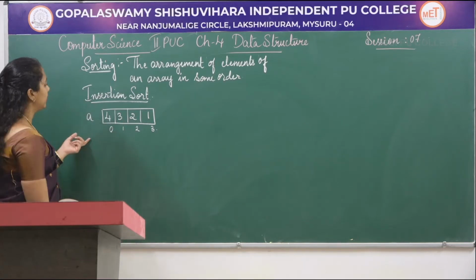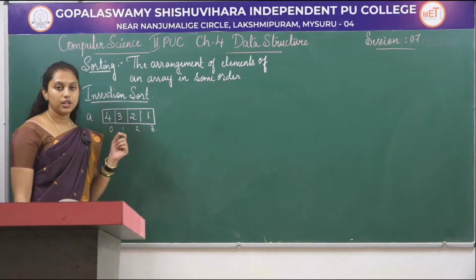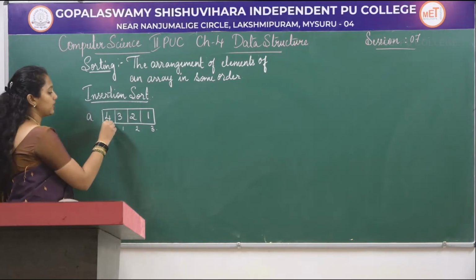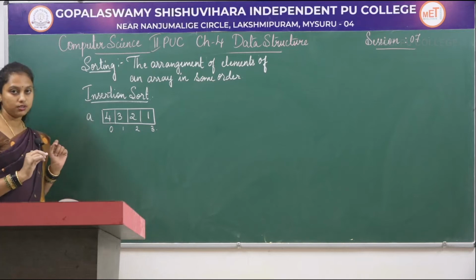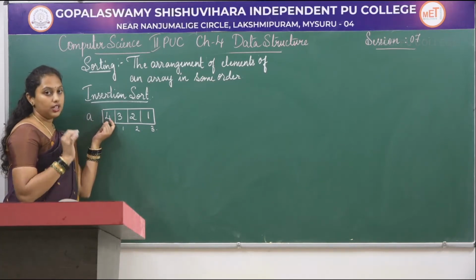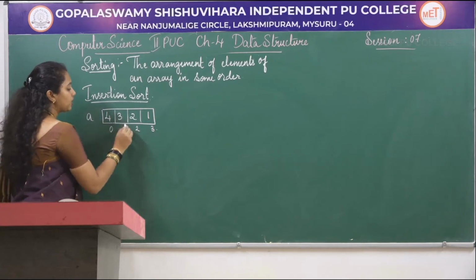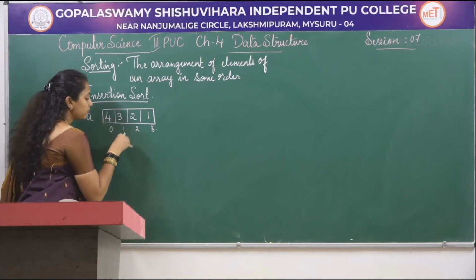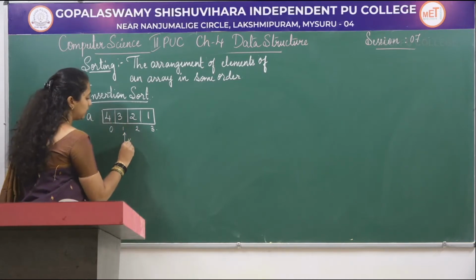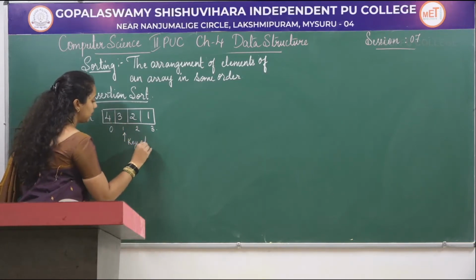So how do we sort the array elements using insertion sort? As I told earlier, the first position element is considered to be in the correct position. So the comparison starts from the next element, that is the key element. This is the key element.